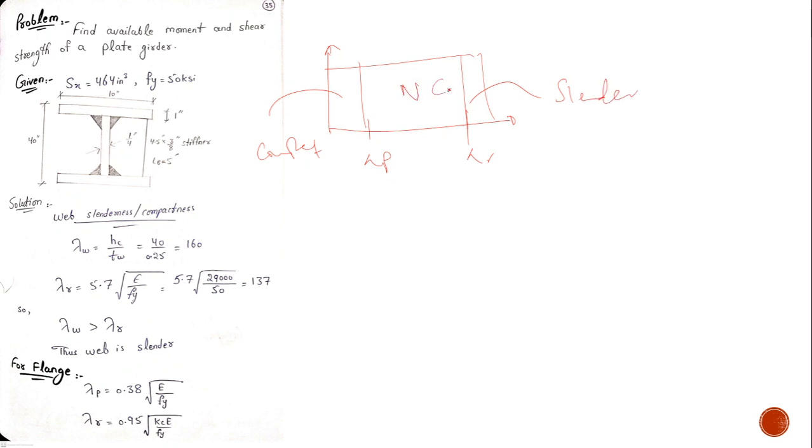For computing the slenderness ratio of the flange, the upper and lower bound values are these two: this is lambda p and this is lambda r. So you get three zones: compact, non-compact, and slender.